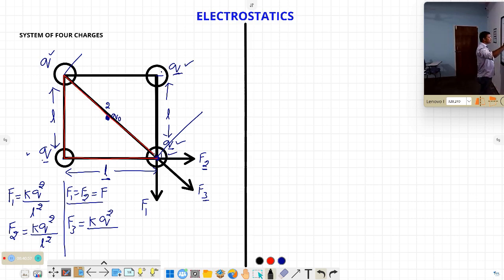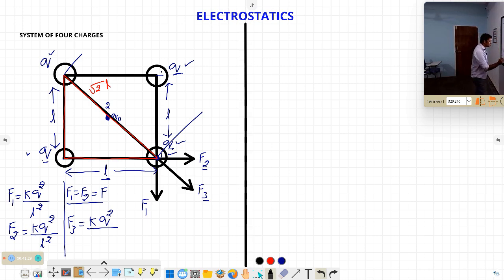In this triangle, one side length is L, another side length is L. So the distance between the two charges becomes the diagonal of the square, that is the hypotenuse of this triangle. Using the Pythagoras theorem, we get root 2 L, because L square plus L square is nothing but 2L square, under root of 2L square, nothing but root 2 L. So the total distance is root 2 L.